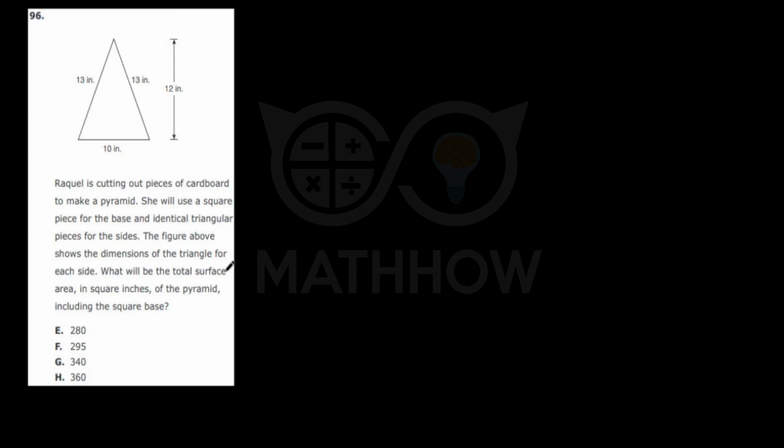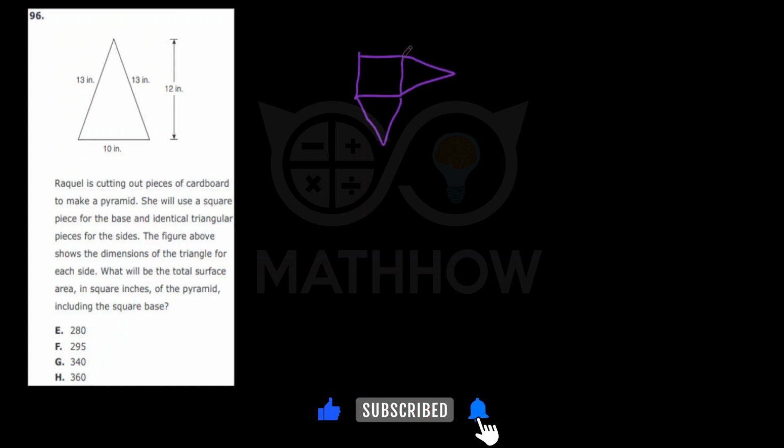What will be the total surface area in square inches of the pyramid, including the square base? If she includes the square base, the total surface area will be the sum of the area of our triangles and the area of the base.